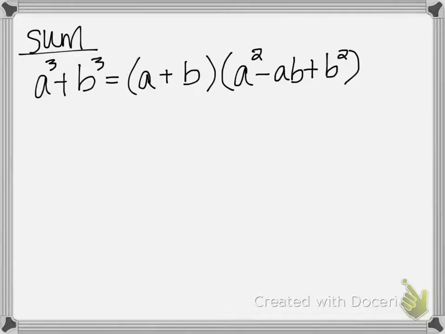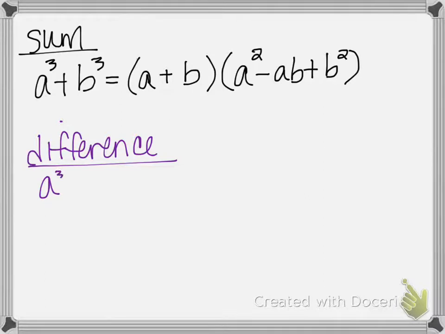Now, let's look at what happens if we have difference of cubes. And the pattern is just slightly different. Difference of cubes means we have A cubed minus B cubed.